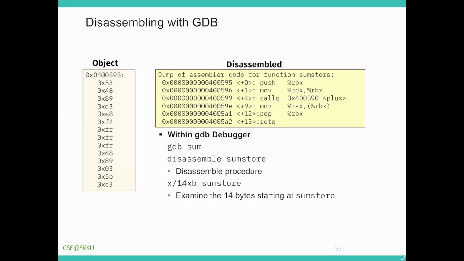GDB is the name of a debugger tool that we're going to use in this course. If you ever take this course, we can use this tool GDB to disassemble, meaning converting this machine code into human readable assembly form to examine its behavior.